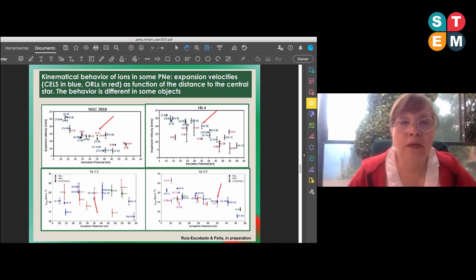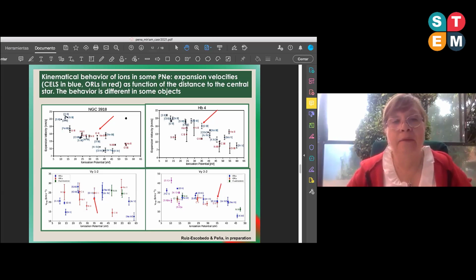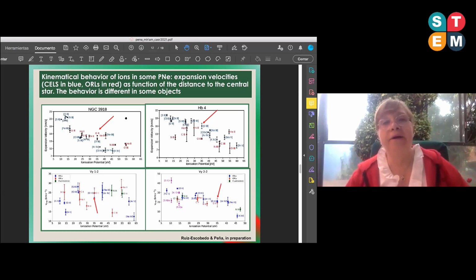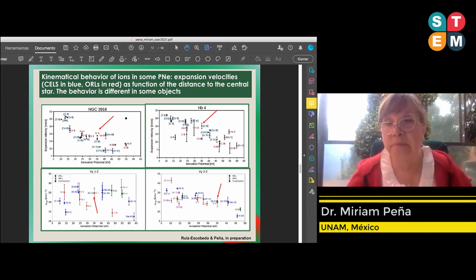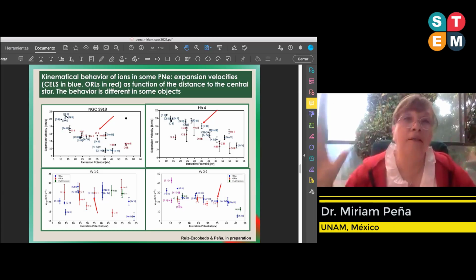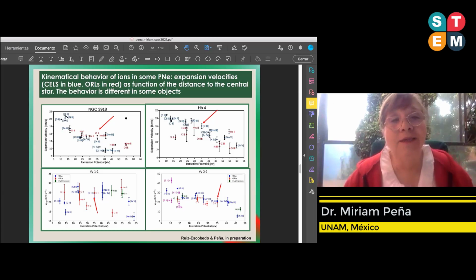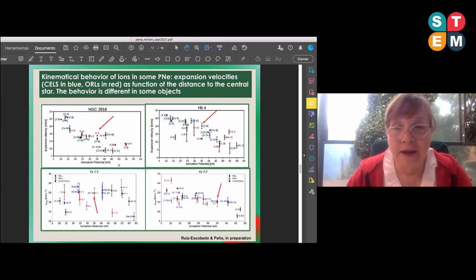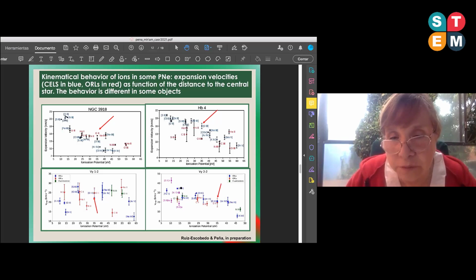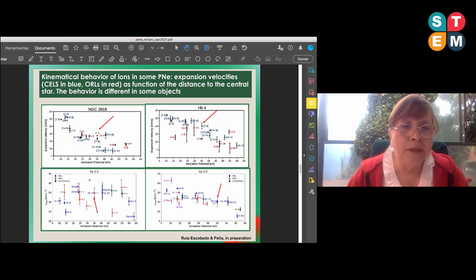So in these two cases, we can propose that collisionally excited lines are emitted in one plasma and optical recombination lines are emitted in a different plasma. There are at least two plasmas emitting these different kinds of lines. There are other objects, for instance, this one, DY22, where the difference is not so noticeable. And the same in this one.